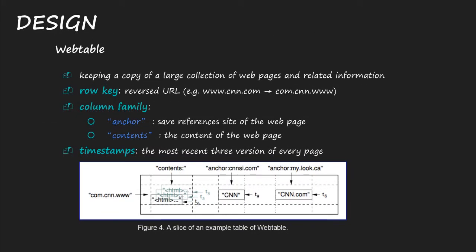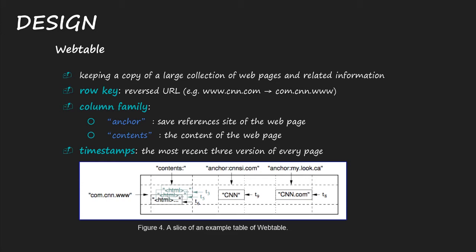In this paper, the author designed on this data model for keeping a copy of a large collection of web pages and related information, which is named Web Table. Figure 4 is a slice of an example table that stores web pages. In Web Table, each row stores a web page, and its reversed URL is used as a row key.